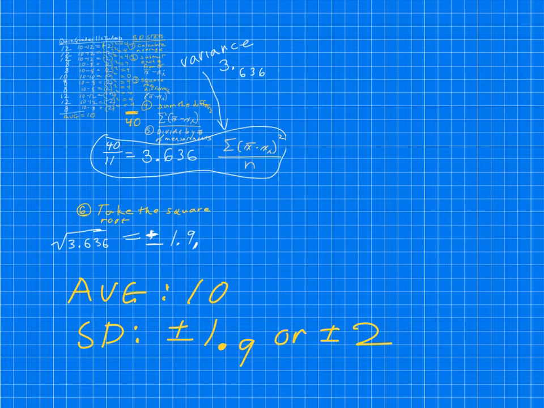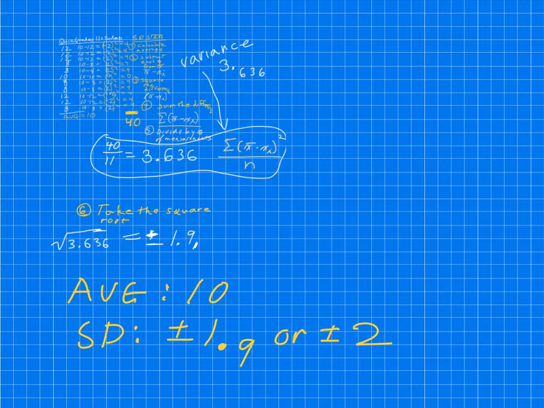So the last sig fig in your measurement here has to represent the first sig fig in your standard deviation. Standard deviation can go farther. We could have a standard deviation in the tens place here if we wanted to, but we can't go past that last sig fig there.